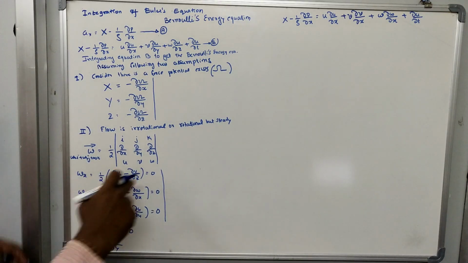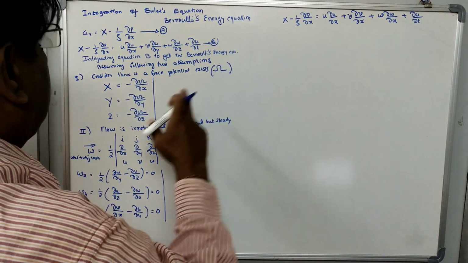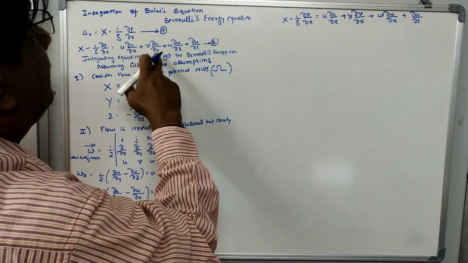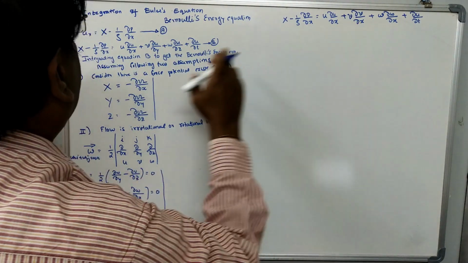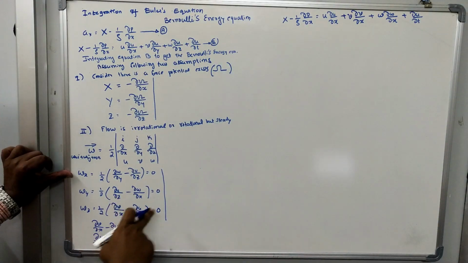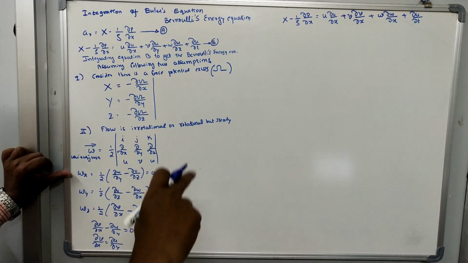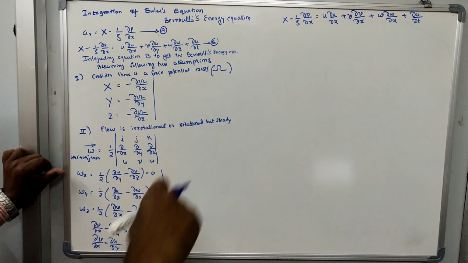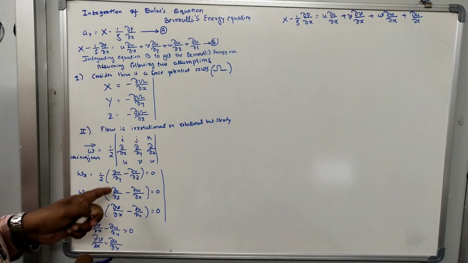So from these equations you can write ∂u/∂y is equal to ∂v/∂x. Similarly, ∂u/∂z is equal to ∂w/∂x. Similarly, ∂w/∂y is equal to ∂v/∂z.